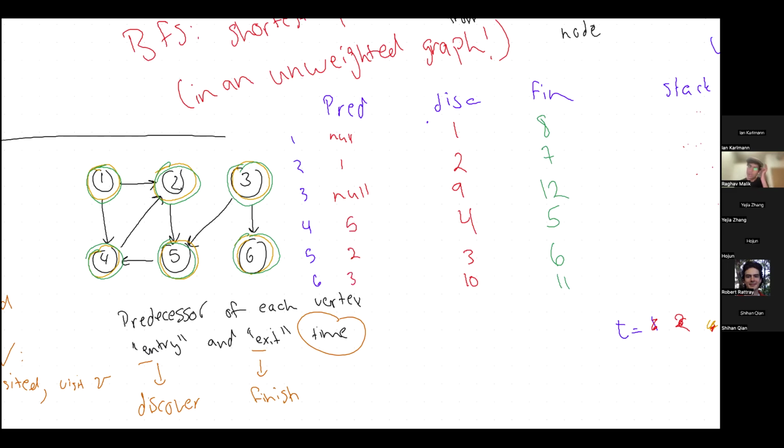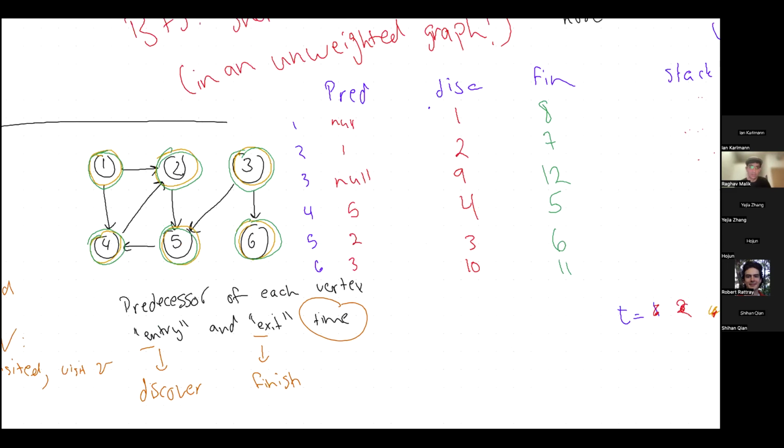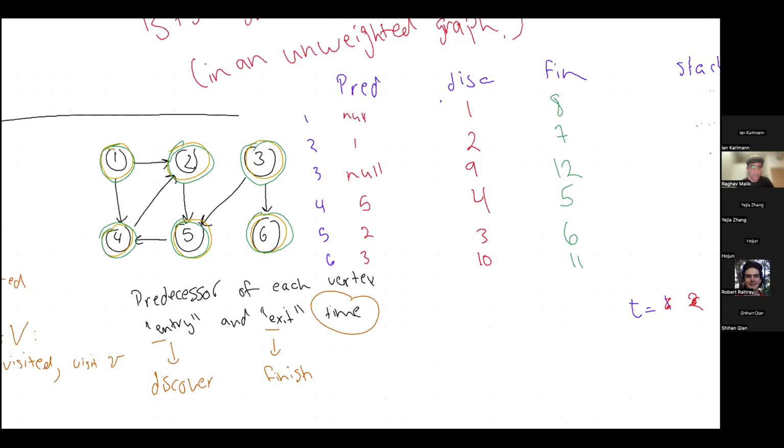And so if we draw the graph based on this traversal, we see that we've included this edge, right? The 1 to 2. We've included the 2 to 5. We've included the 5 to 4. And we've included the 3 to 6.